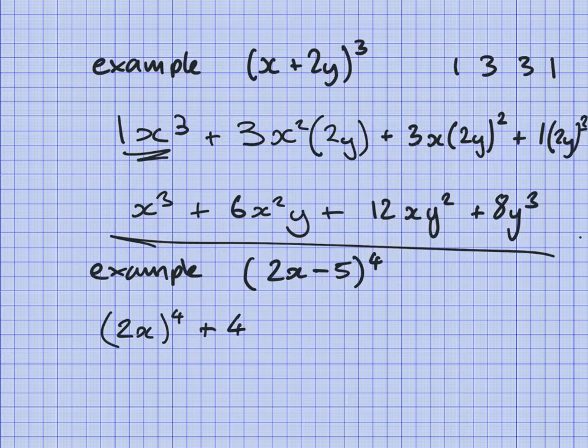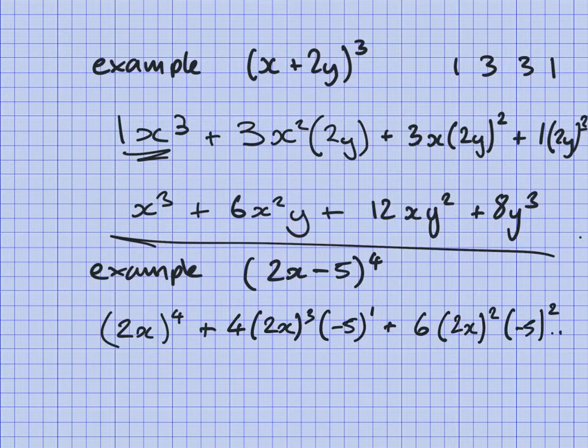So 4 times 2x cubed times minus 5 to the power of 1. Next term in Pascal's triangle, the fourth row, that would be 6 times 2x squared times minus 5 squared.